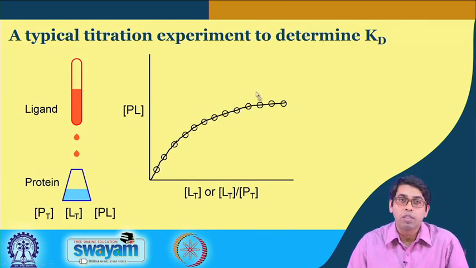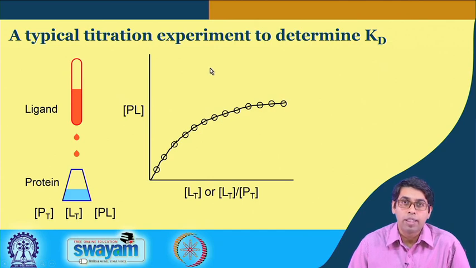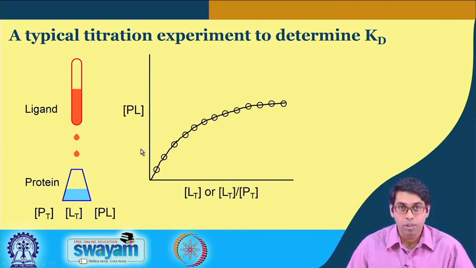So, here is a typical setup of titration of a protein with its ligand. All experiments in essence will look something like this. The details will change, but overall what you will see is basically a titration experiment. So, here we have protein and we know the concentration of this protein.